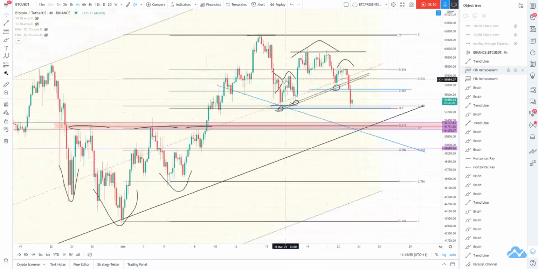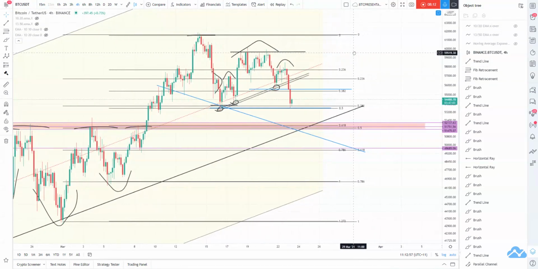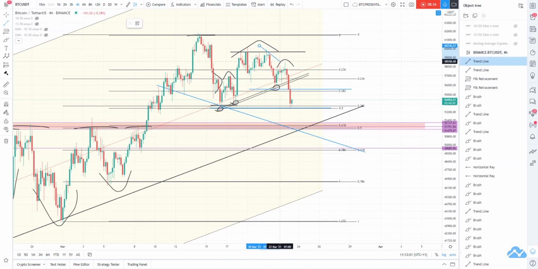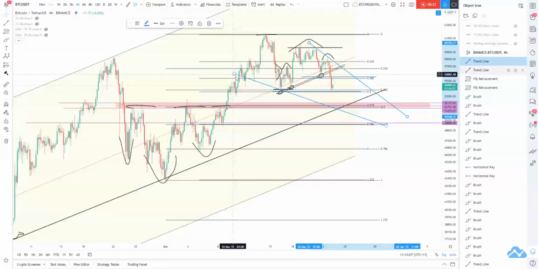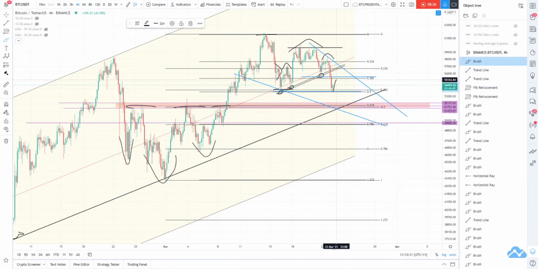Potentially we're looking for a macro formation of some sort. We have these two points, so we just draw that. If price drops, goes up, drops, hits that level and finds a bounce, I can see that becoming a wedge.